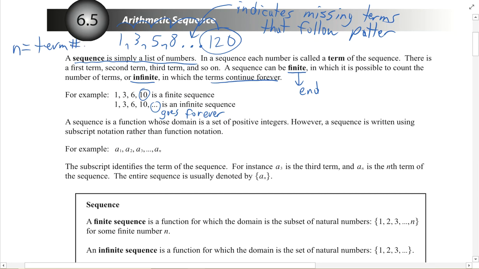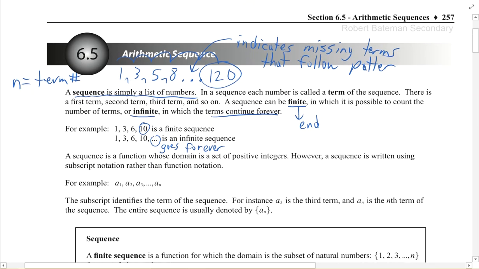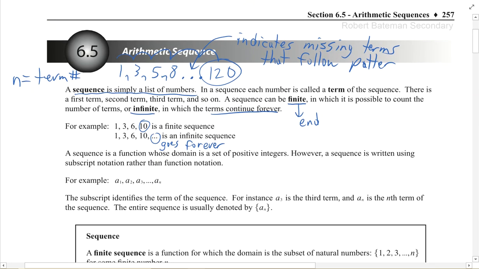For example, looking at this sequence here, this would be n equals 1, n equals 2, n equals 3, n equals 4, and this last one is n equals 4 because it is the fourth term in the sequence. So that's what n equals.